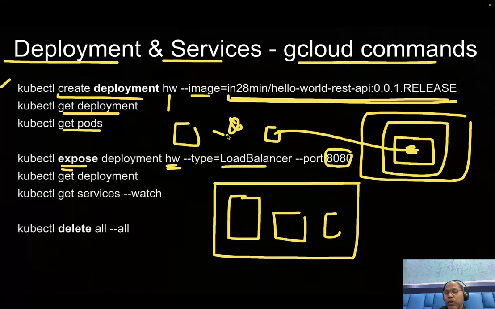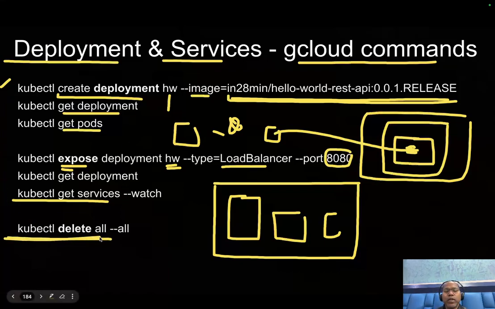Now the customer can access your application via this public IP and port. If you want the service details, just get the service for complete details. If you want to delete everything, just run kubectl delete, and they can delete it. So these are the things you as an engineer do manually in the case of Kubernetes Standard mode.